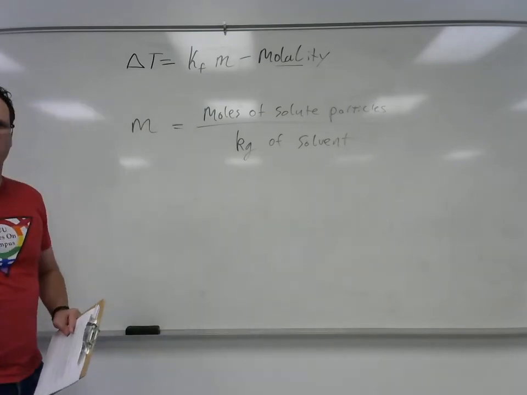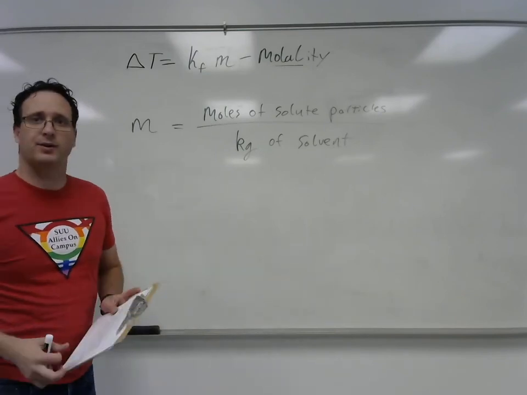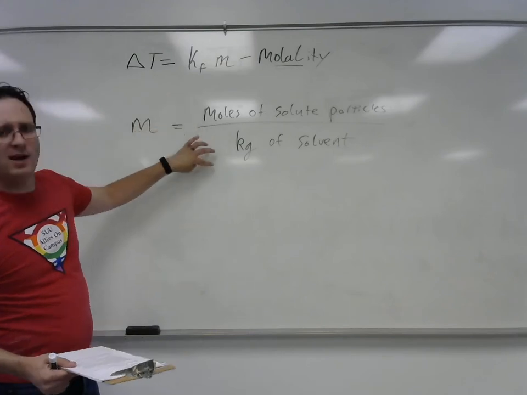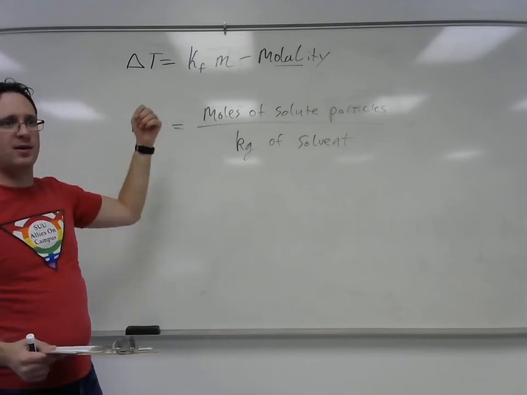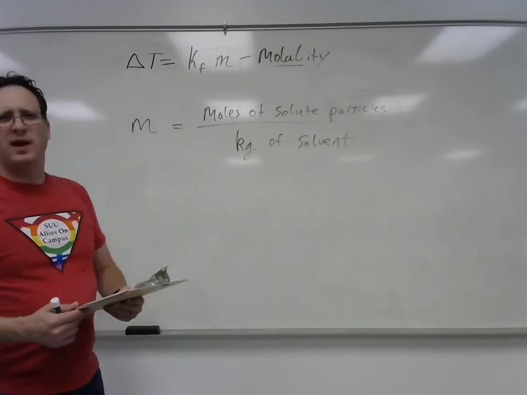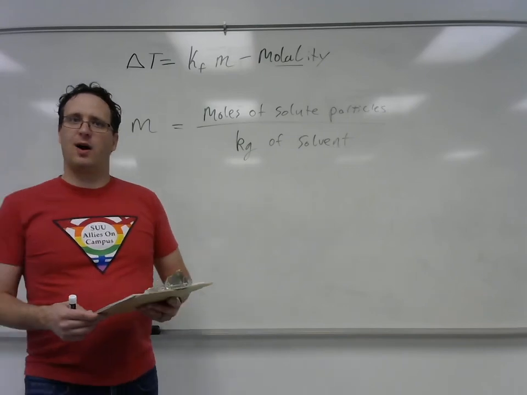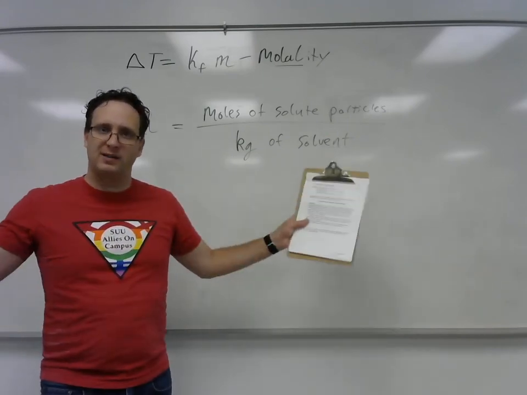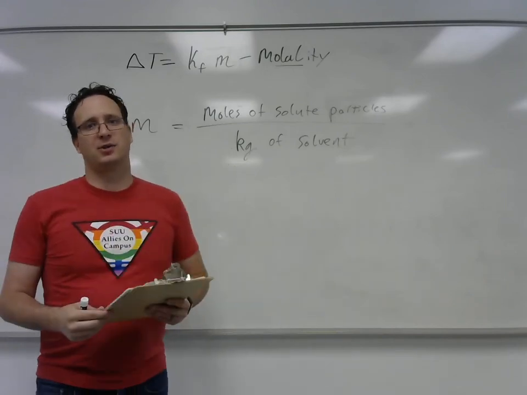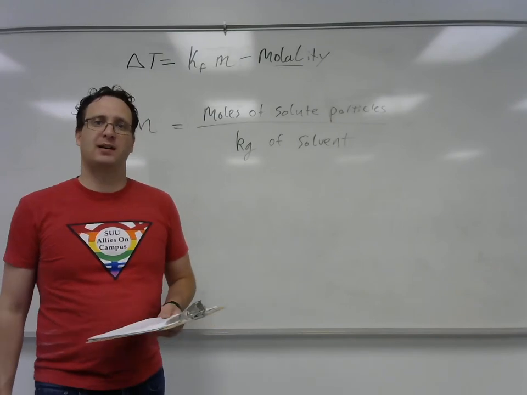And it seems like kind of a strange concentration unit when you first encounter it, but molality is actually really useful because both of these quantities depend on the mass or the number of particles, and so they're independent of temperature. If you think about how a solution will expand as the temperature increases and contract as the temperature decreases, that makes molarity a temperature-dependent concentration unit.